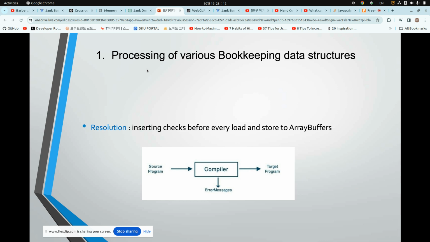So the V8 engine, or Chrome, developers also sought a resolution, a way to find an answer if there's a problem. There was a problem, and the engine developers decided to put checks on every load and store of array buffers.